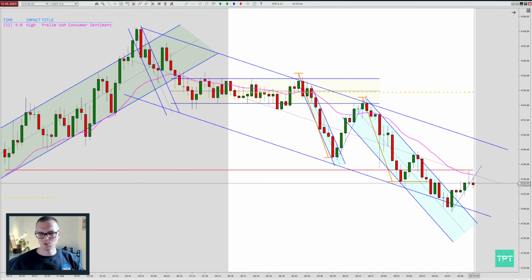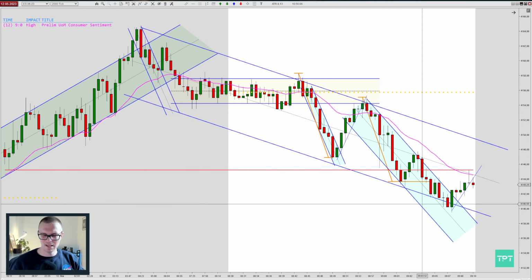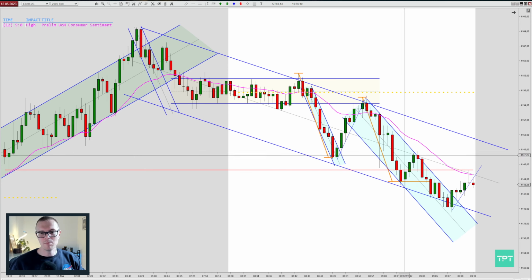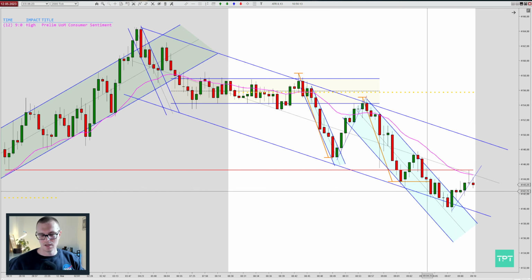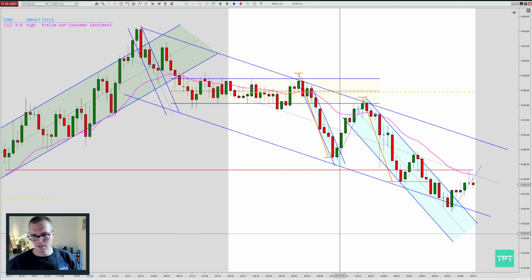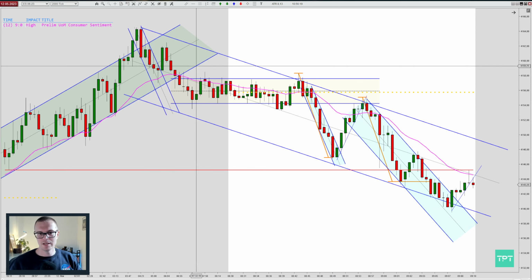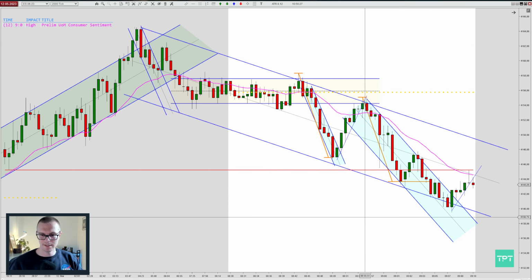So taking a short here, I think, is way too risky. I know you could argue that there is an EMA and the midline of the channel that can be seen as key entry points. But as I said, I'm waiting for further confirmation and for prices to come back to the major key entry point, and this would be the channel resistance here on the top side.